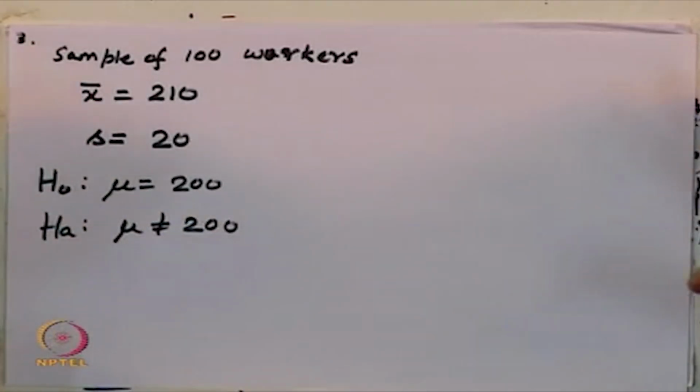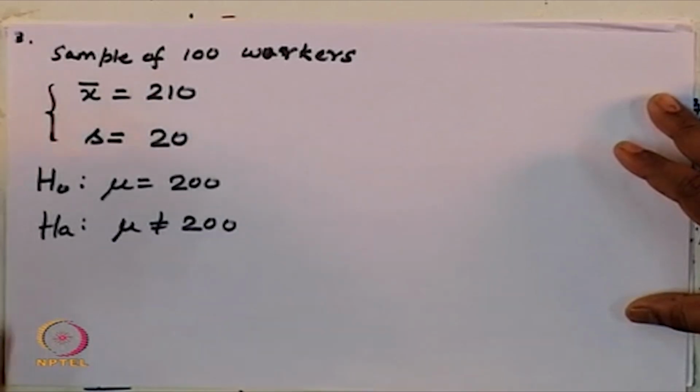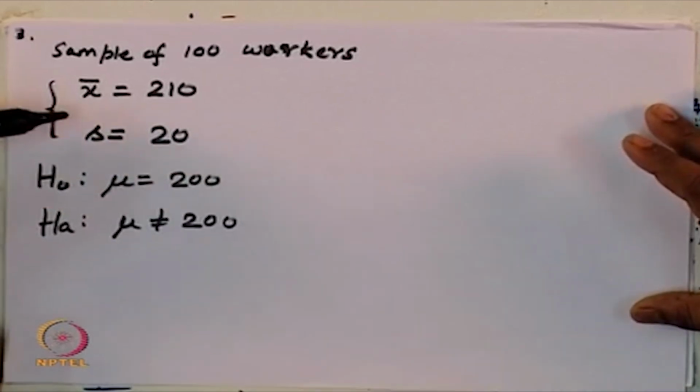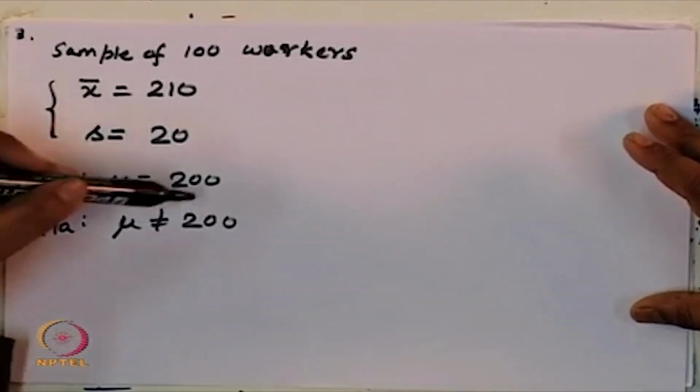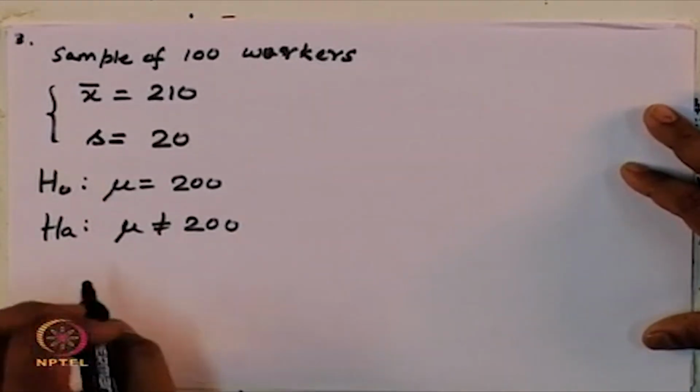How do I draw a conclusion whether this statistic is drastically different, and whether the mean obtained from this statistic is different from this? For this we use a test statistic.